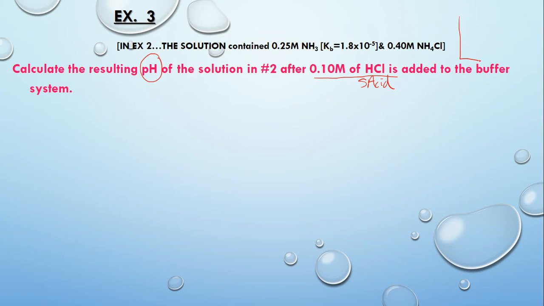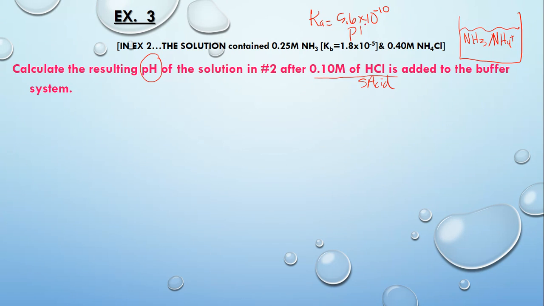So same as before, let's look at what we determined in the last example, example 2. In example 2, we knew we had the ammonia and ammonium buffering system. We also knew the Ka of this was 5.6 times 10 to the negative 10.